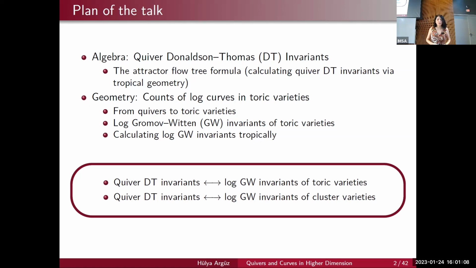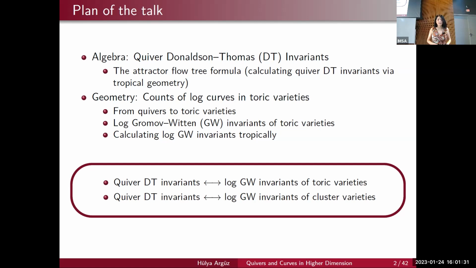And on the geometry side, I will tell you about counts of log curves and toric varieties, and tell you how to construct toric varieties from quivers, and how to enumerate log curves. The main result will be a relationship between quiver DT invariants and log Gromov-Witten invariants of toric varieties.